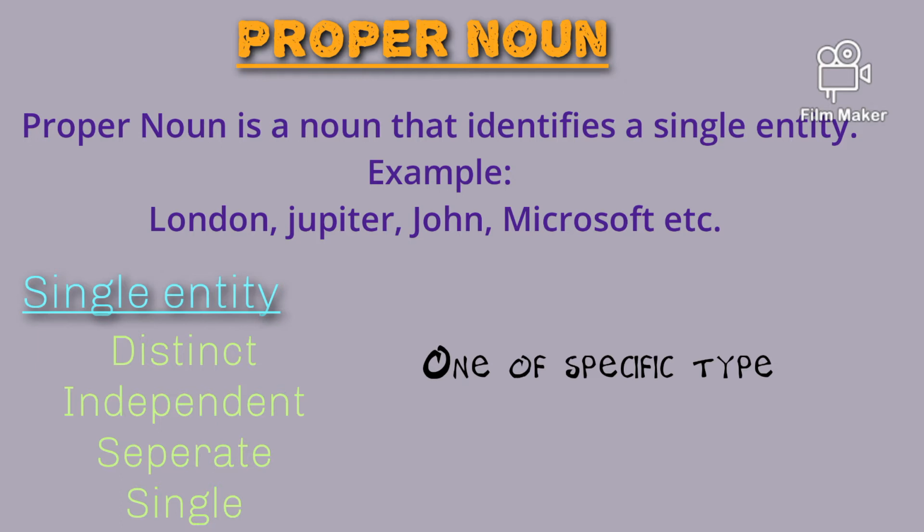So here proper noun is a noun that identifies a single entity. Single entity means distinct, independent, or separate single person. One special or specific kind of person or place or thing or name. Like London. London is a specific place and Jupiter is a specific planet, likewise. So these are all proper nouns.